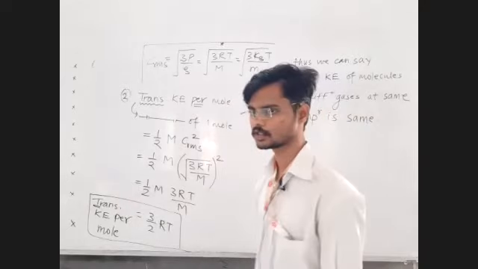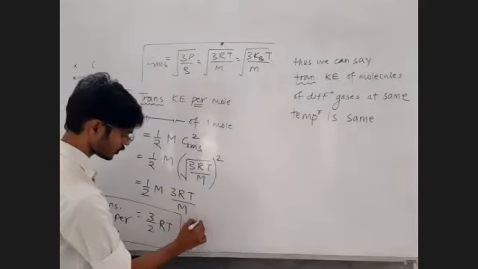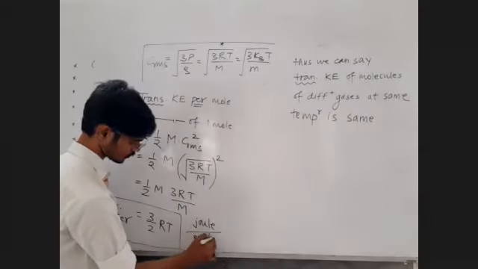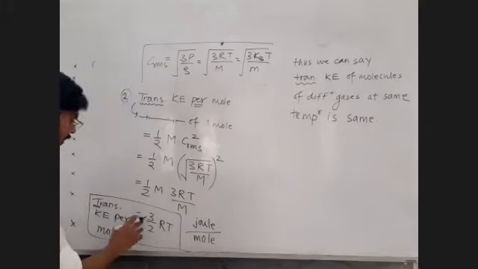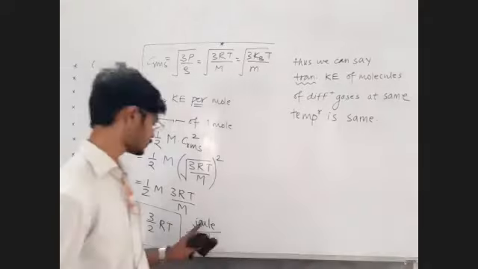Perfect. It is joule per mole. If you have 5 moles, multiply this by 5. If you have 1 mole, this is the energy. If you have 17 moles, multiply this energy by 17. These many joule per mole.